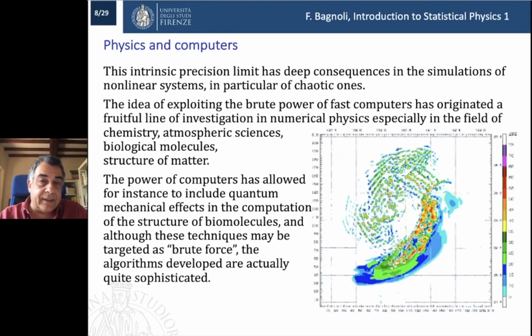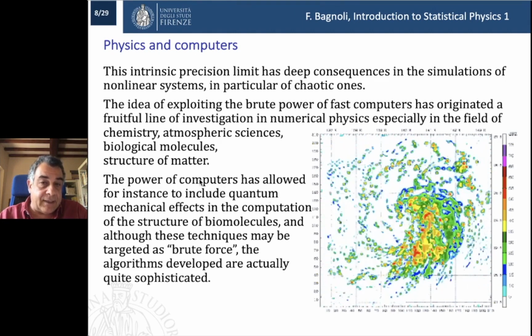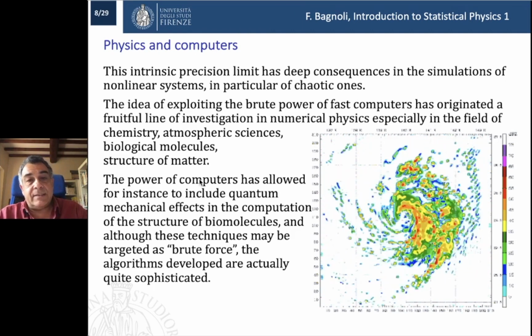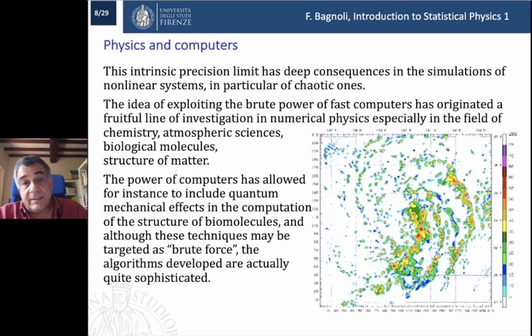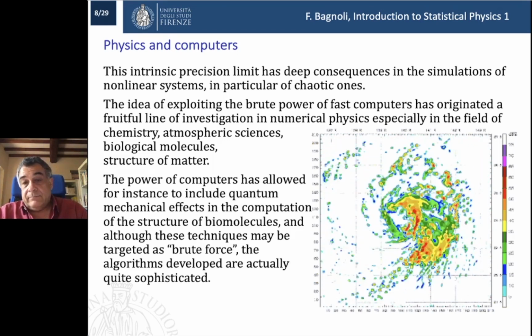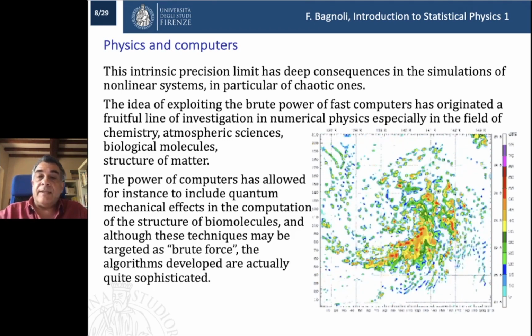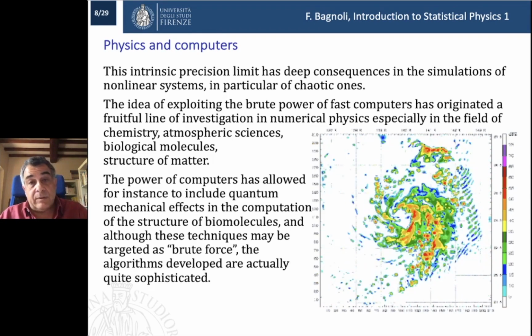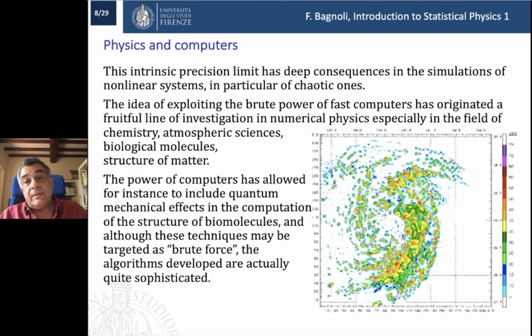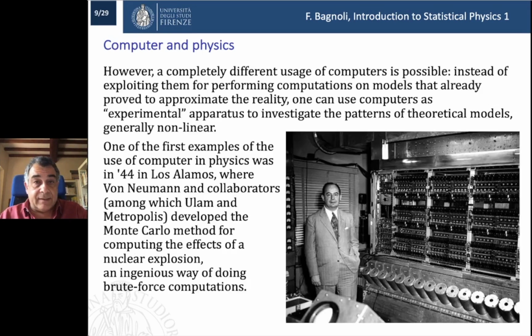And also clearly in biological sciences, chemistry, physics, we had quite a large success using computers. So we want to apply this in order to investigate statistical physics.